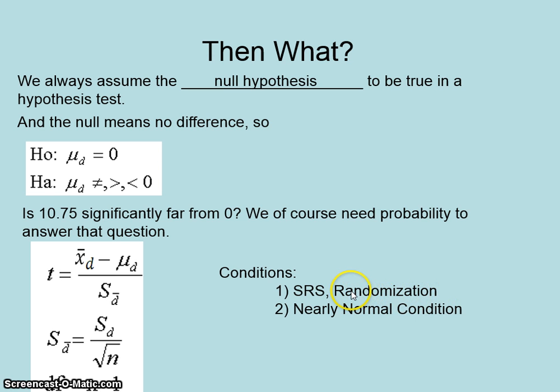We should randomly assign some of the vehicles to go with the anti-lock brakes first, and the other vehicles to slide without the anti-lock brakes first, and then go the other route. And we need the nearly normal condition. We need to know that our sample is nearly normal or from a population that's normally distributed. So we can check a histogram of our data to check that out.